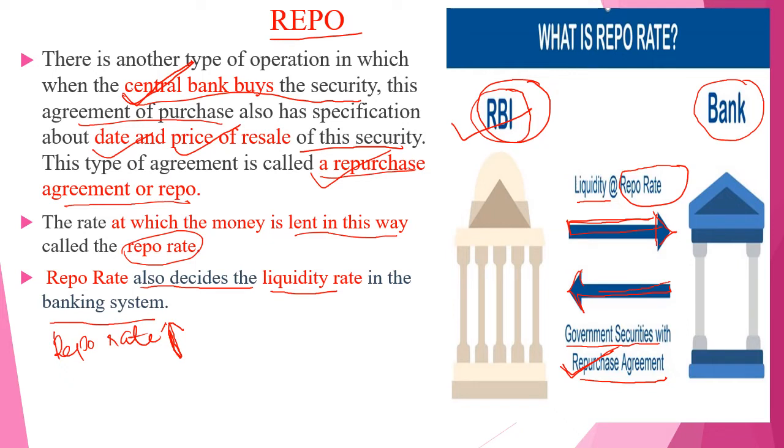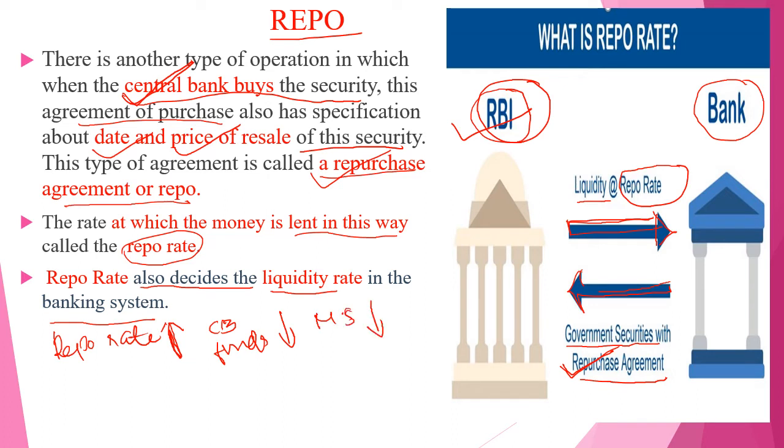Then commercial bank funds decrease. The funds are used for giving loans, so when funds decrease, the borrowers will be very few. That means money supply in the market will reduce.